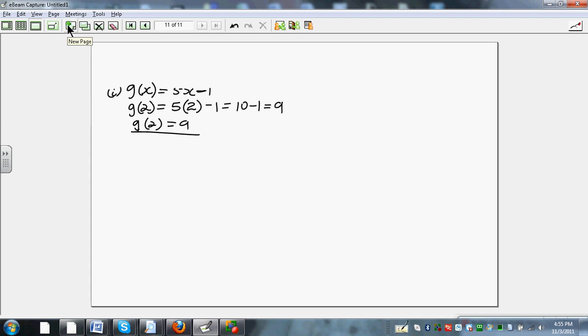So we need to find g to the minus 1 of x, and of course, you write the normal thing, the defining equation for g of x, and you let y equal to that, y equal to 5x minus 1. Okay? That's the first step.